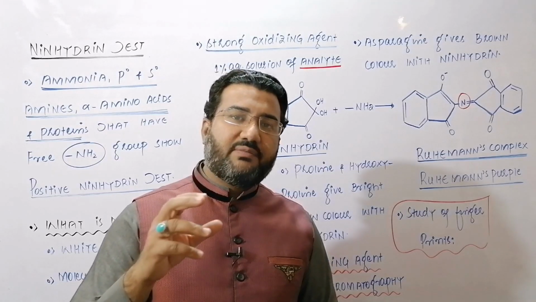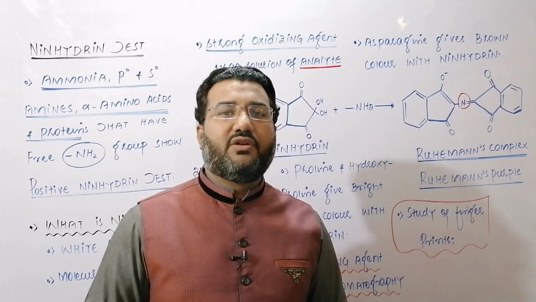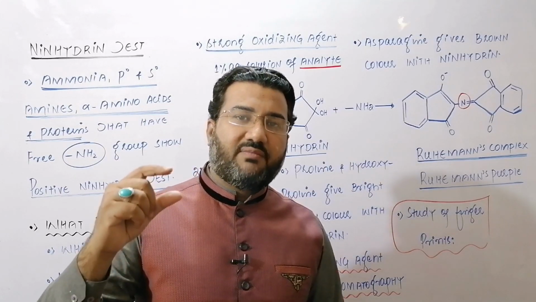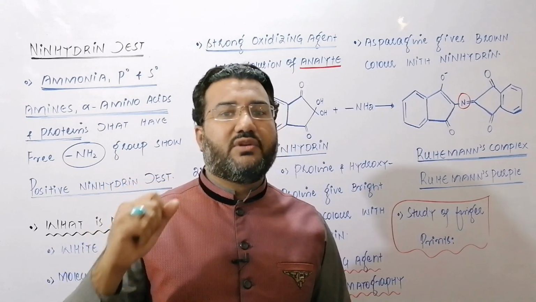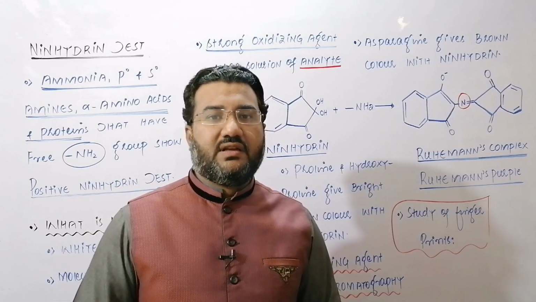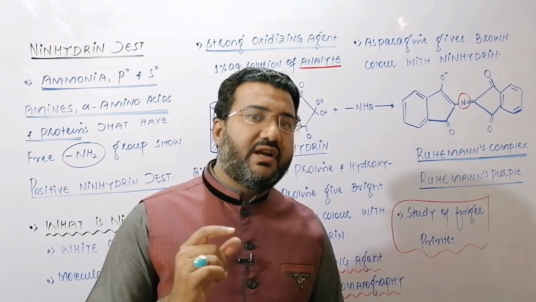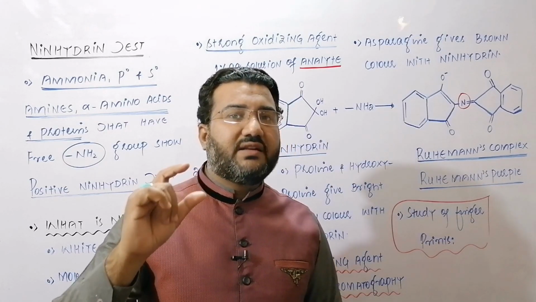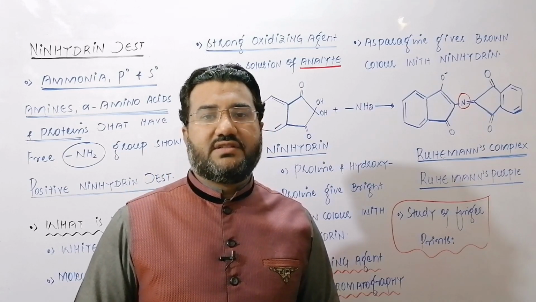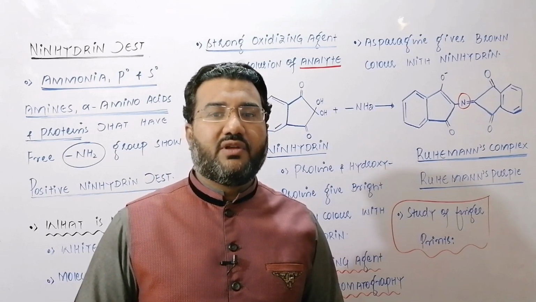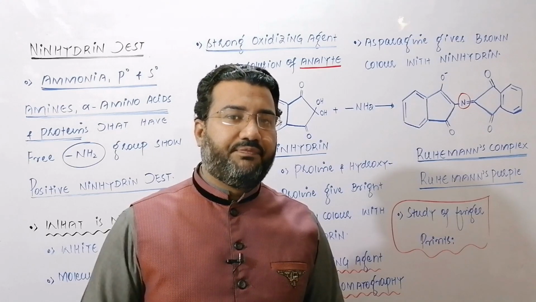And as we spray it, the spots of the amino acids become visible to us. So that's why the ninhydrin solution is used as a locating agent, meaning to locate the spots of the amino acids which are formed in paper chromatography on the chromatogram.